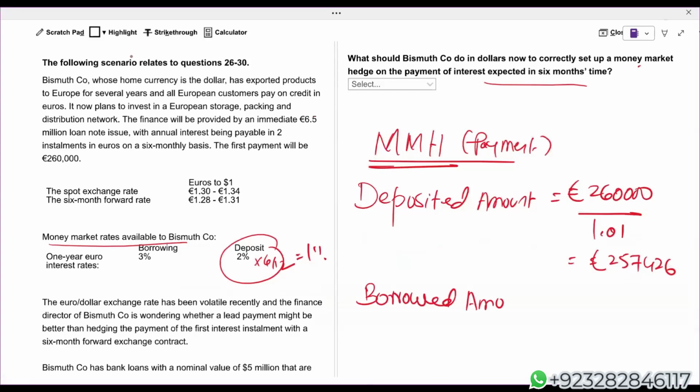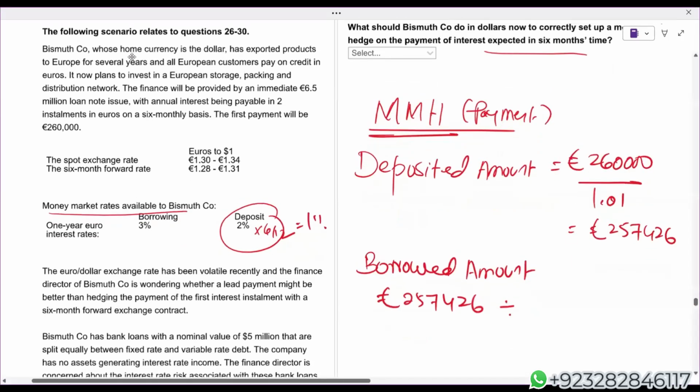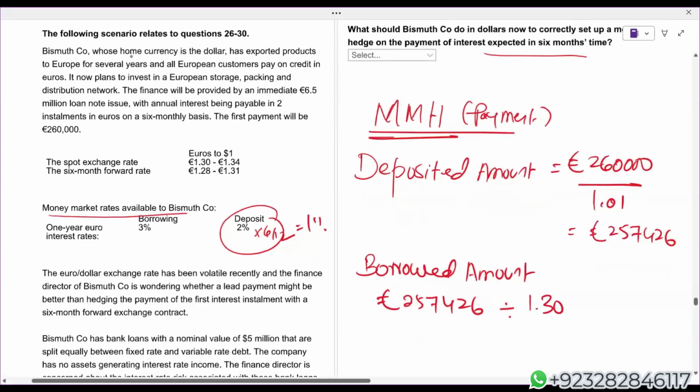In order to deposit 2,57,426 euros, how many dollars do I need to borrow today from the spot rate? I'll be using 1.30. Students, all you need is a very good grip on the money market hedge format. 2,57,426 divided by 1.30.